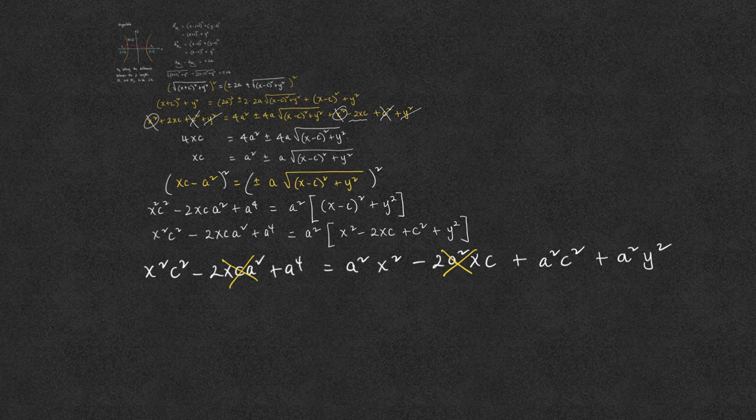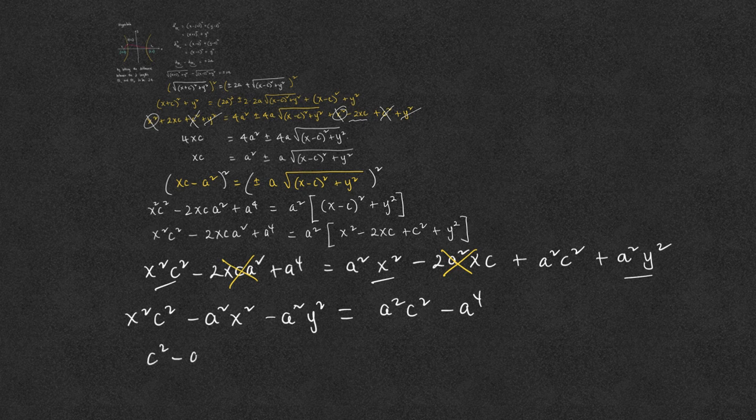We then move the terms with x squared and y squared to the left. We keep x squared c squared, and then we move a squared x squared to the left and a squared y squared to the left. The right hand side is a squared c squared, and we move a to the fourth to the right. To factor out x squared, we have c squared minus a squared times x squared minus a squared y squared equals, factor out a squared, we have c squared minus a squared.